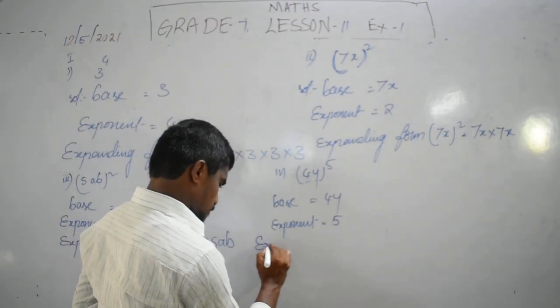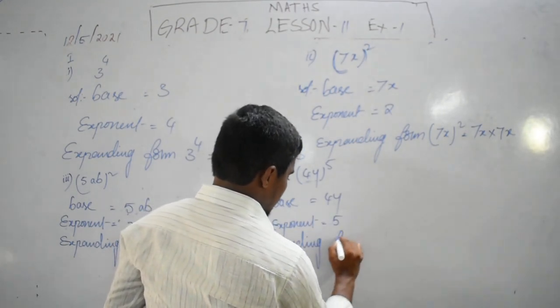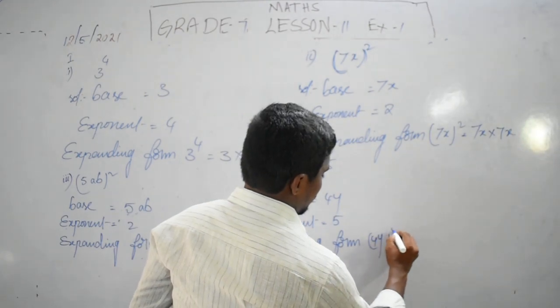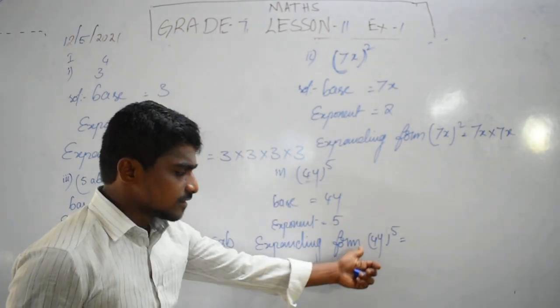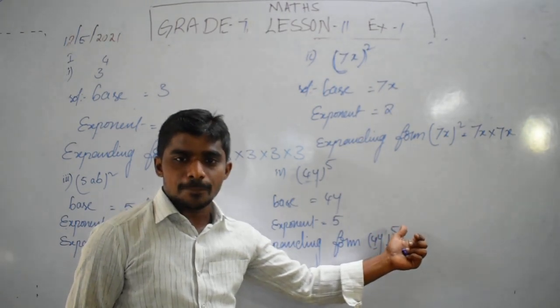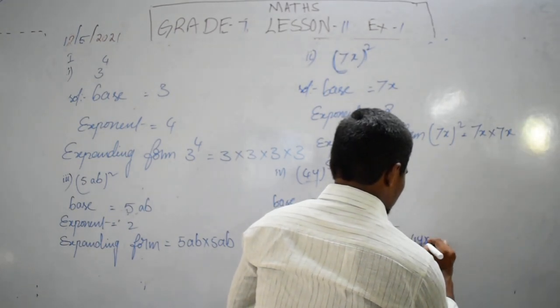Expanding form, we know expanding form of 4y whole power 5. See, this is a base, how many times we multiply? 5 times. So 4y.